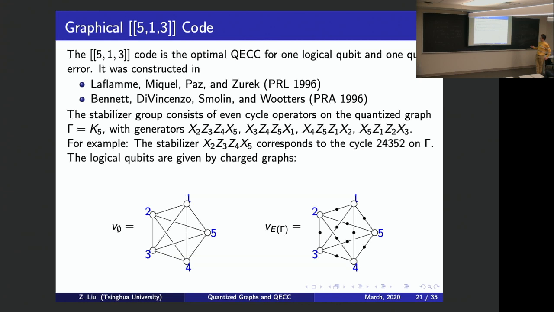Now in this case, if we look at this charged graph, we get one logical qubit, 0 and 1, given by 5 physical qubits. And this is the 5-1-3 code. It's known as the optimal code to correct a single qubit error for one logical qubit. And that's also the result given by 2 groups in 1996. And it can be described by stabilizers, where each stabilizer has 4 Paulis.